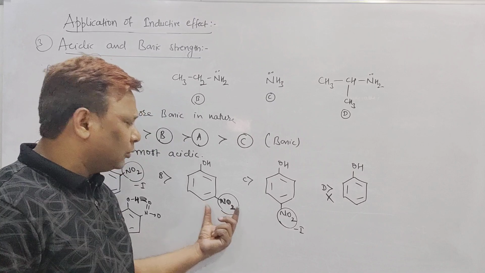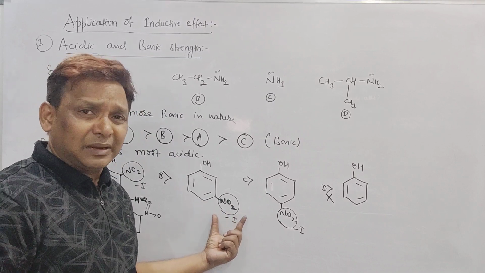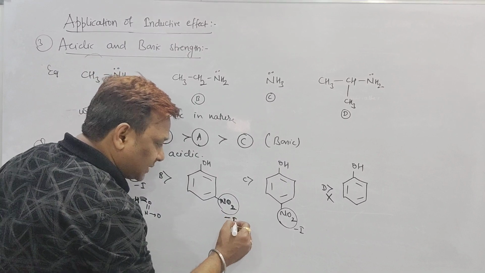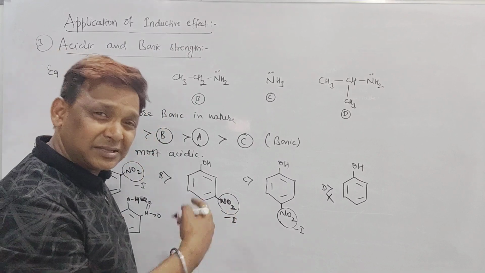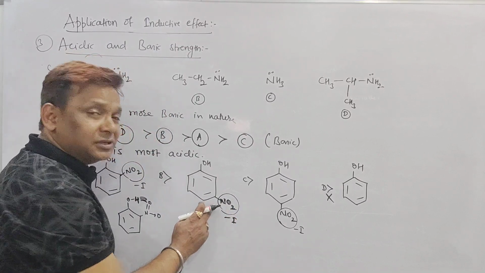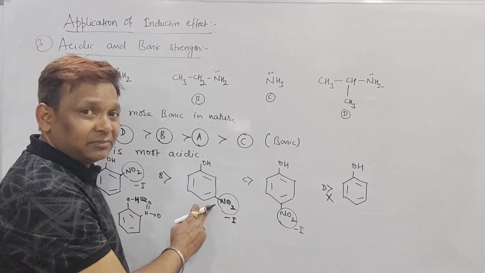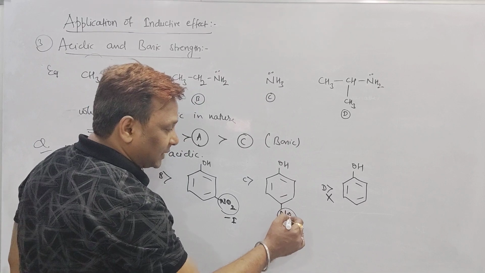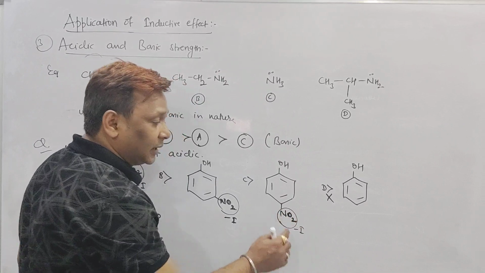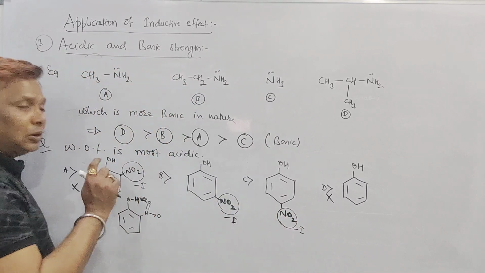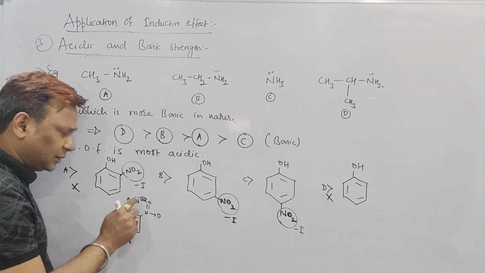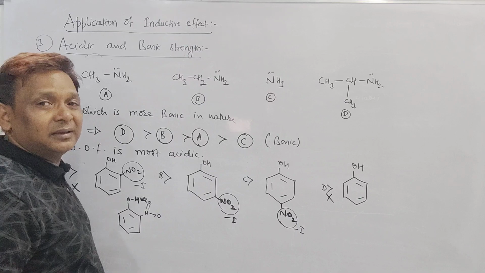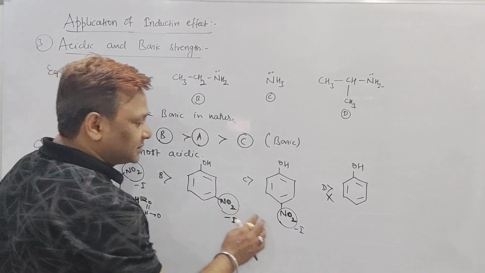If a group is at the meta position, NO2 will have minus I as well as minus M. But in the meta position, the mesomeric minus M does not work out. It will work out only at the para position and the ortho position. But you saw, beta, that due to intramolecular hydrogen bonding, the ortho one cannot lose H plus ion. So only B and C are left, beta.